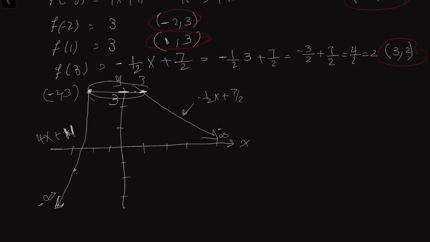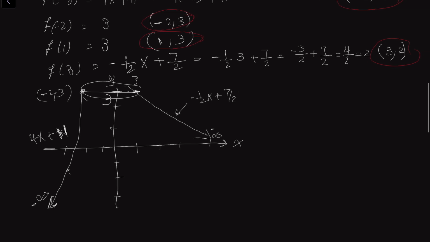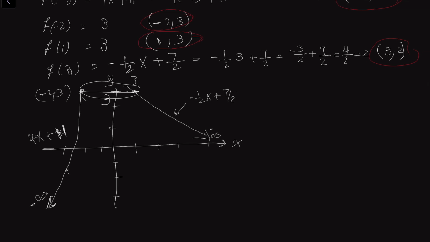Okay, so we use a solid dot at -2 and 3, basically to say that the functions y equals 4x plus 11 and y equals 3 agree at x equal -2. And the same thing. We use a solid dot here to say the function -1/2 x plus 7/2 and y equals 3 agree at this point. So these two functions, they agree at these 2 points. That's why we have a solid point.